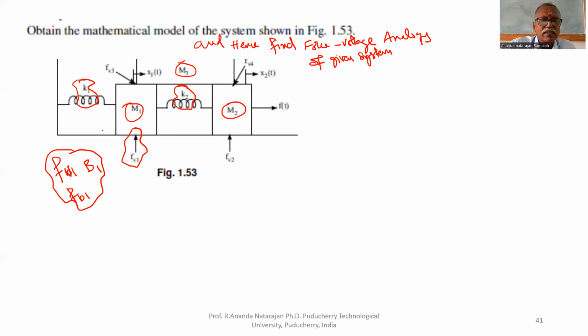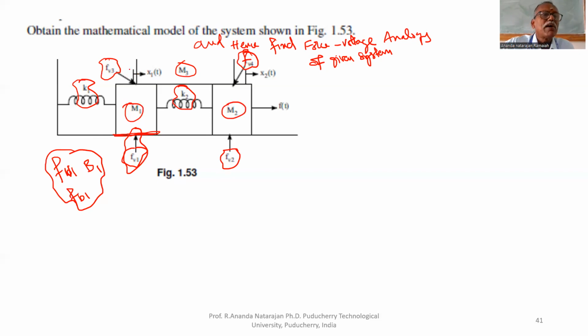Sometimes they will put it like this. Because of the frictional force, this dashpot effect will be there. That is mentioned as Fv1. Here Fv2, between two masses also, that is mentioned. They mentioned Fv3 and Fv4.